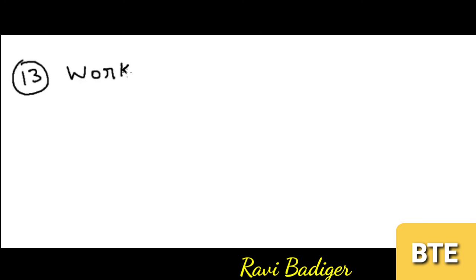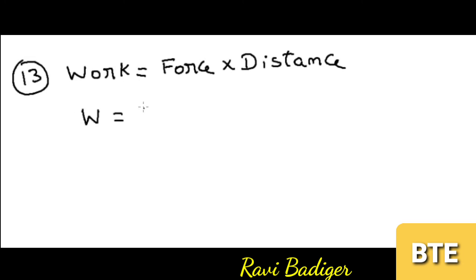13th one, work. Work is the product of force and the distance, that is work is equal to force into distance. Here work is denoted by capital W, force is denoted with the capital F and distance with the capital S. Therefore W is equal to F into S. So we know that force is measured in Newton and the distance is measured in meter. So the unit of work is Newton meter.